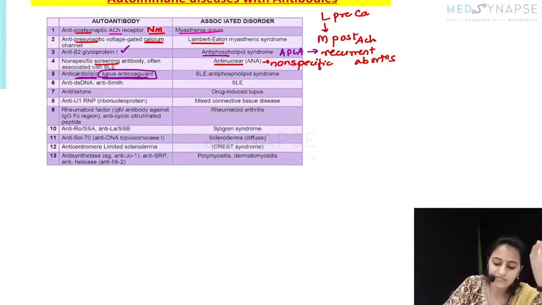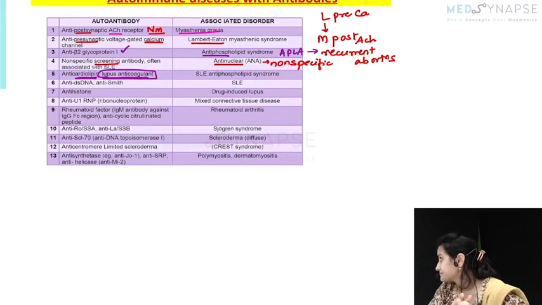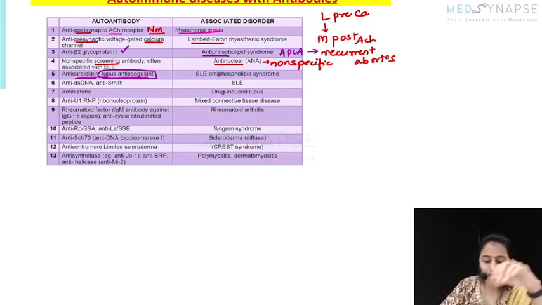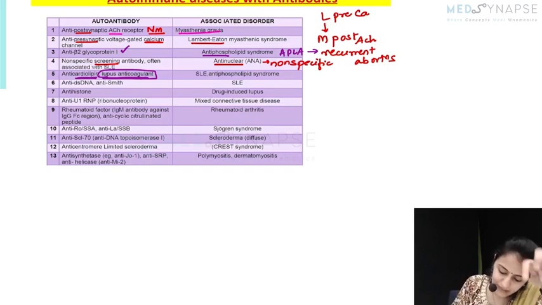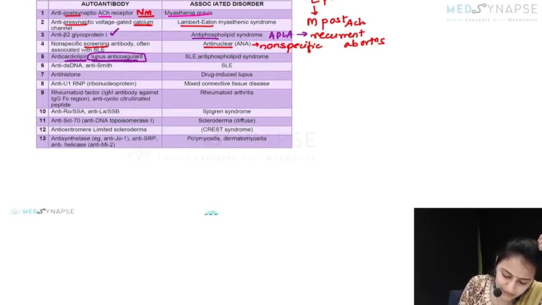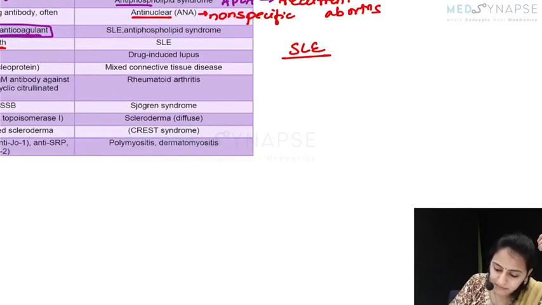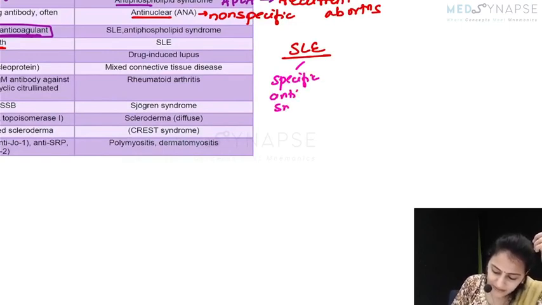Screening test is not a specific test, right? If ANA is positive and then I want to prove that this is SLE, then which antibody will I look for? Smith. Anti-Smith antibody is a specific one. So for dsDNA in SLE, remember that the more specific antibody is anti-Smith.